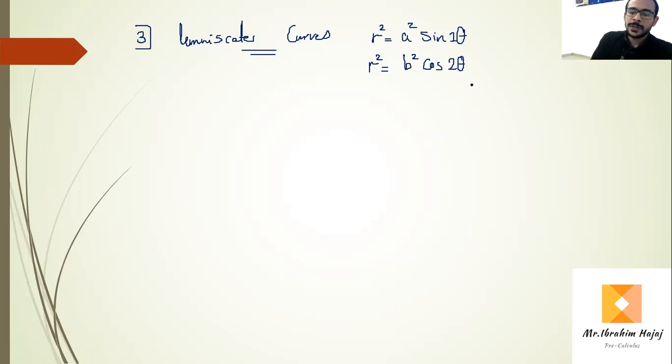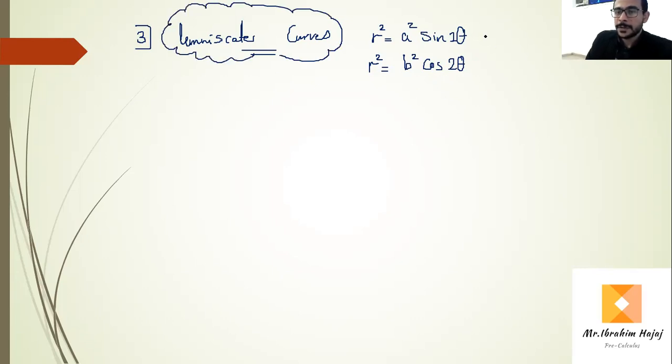So when you see this equation or this form, like the linear equation when you studied in grade 7, what's the first thing you studied, guys? You studied that the standard form of the linear equation is y equals mx plus b, or ax plus by equals c, right? Here we also have another kind of equations or curves, lemniscate curves of the polar equations. They take this form: r squared equals a squared sine 2 theta and r squared equals b squared cosine 2 theta.